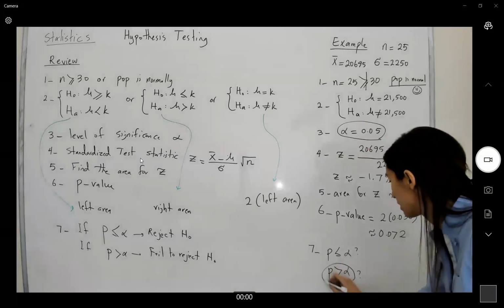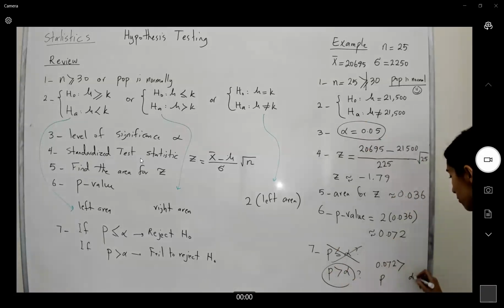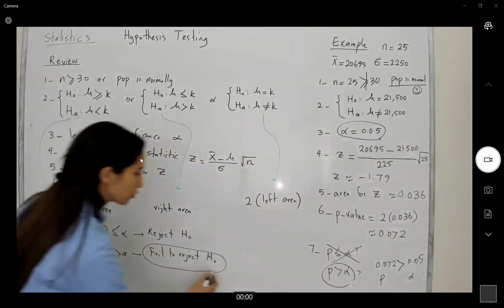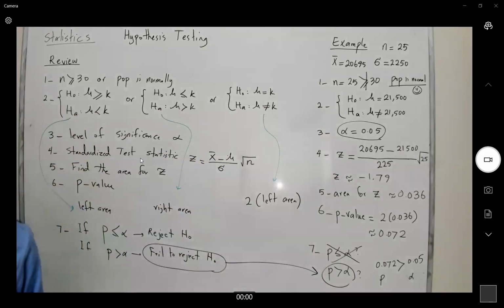So P, or 0.072, is greater than alpha, which is 0.05. What's the meaning of that? It means that we fail to reject the null hypothesis. This is our conclusion.